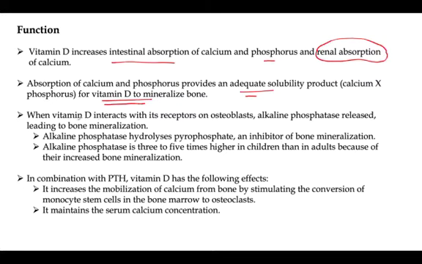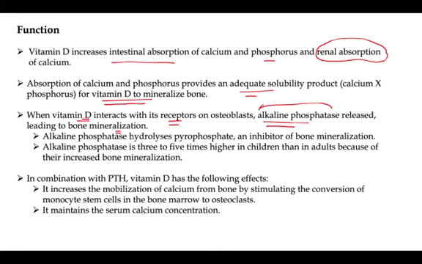Now, when vitamin D, or 1,25 dihydroxycholecalciferol, as we saw in the previous slide, interacts with its receptors on osteoblasts, a particular enzyme called alkaline phosphatase is released, and this particular enzyme promotes bone mineralization.